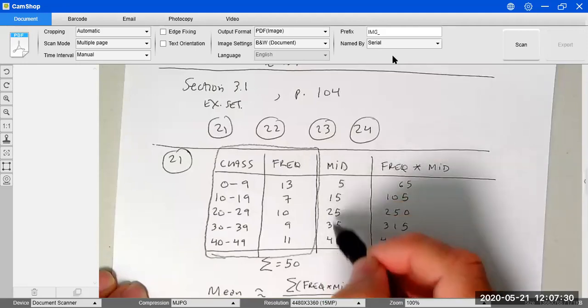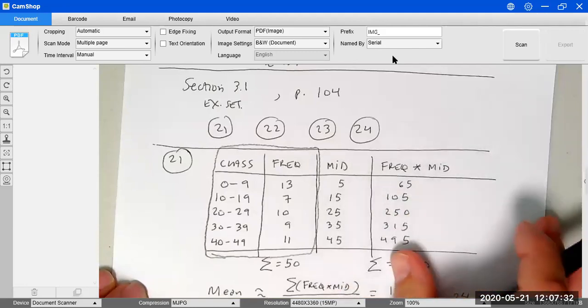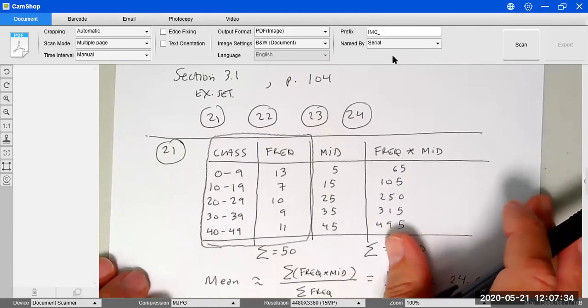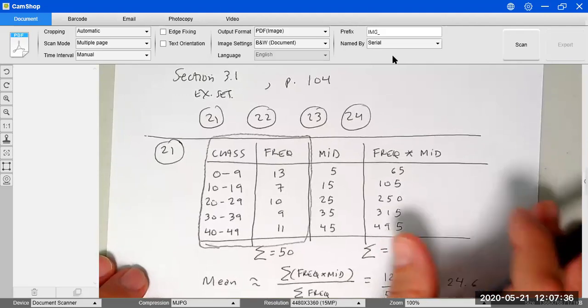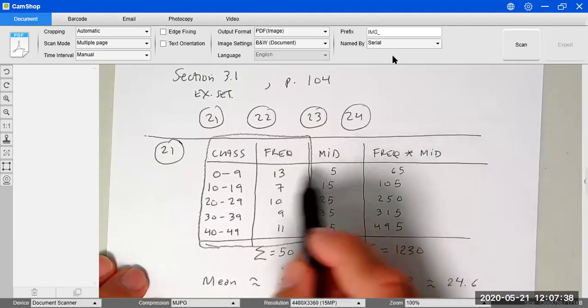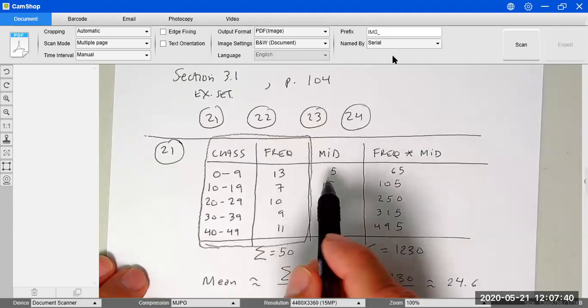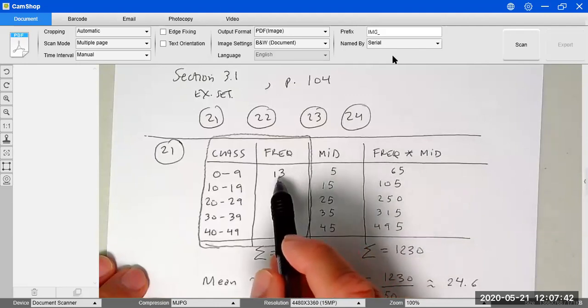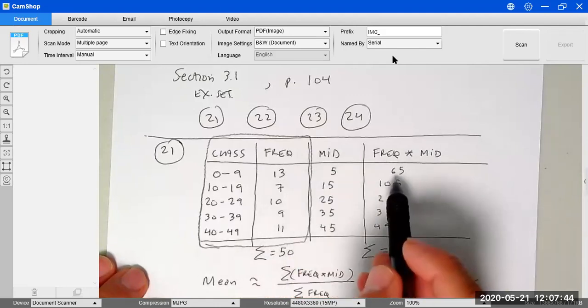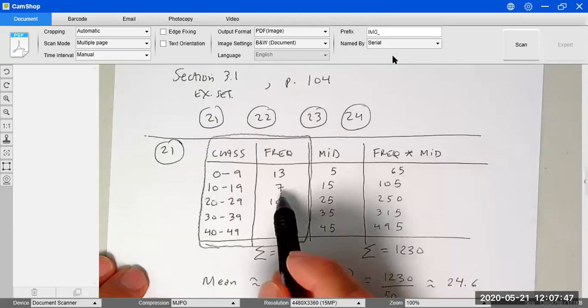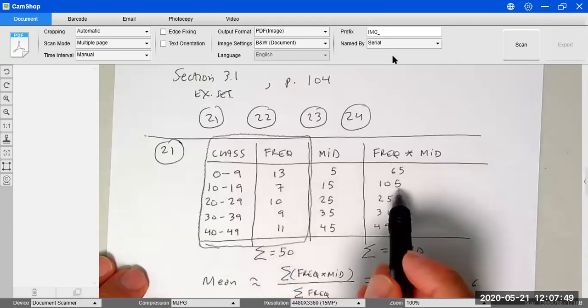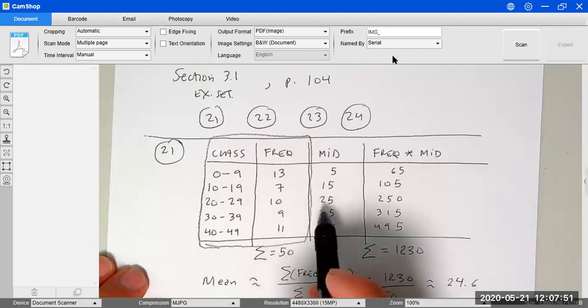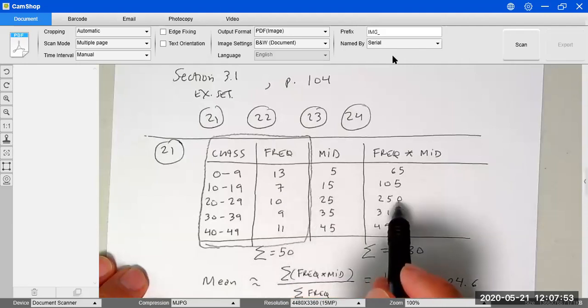So once you get the midpoints, if you only have a simple calculator, you need to do these products by using that calculator. You multiply 13 and 5, and the answer is 65. You multiply 7 and 15, the answer is 105. You multiply 10 and 25, the answer is 250, and so on.